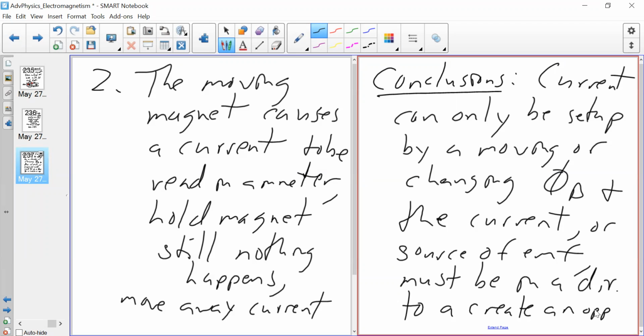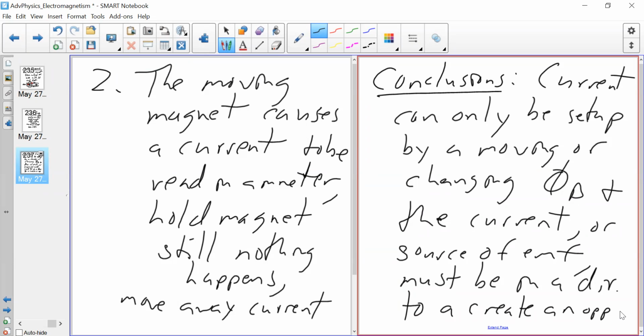Faraday saw that you can create a current by a changing flux. This guy Lenz came around to say the current that's created is going to be in a direction such that the current creates its own flux to go against the original flux. I'll show that picture in a moment.